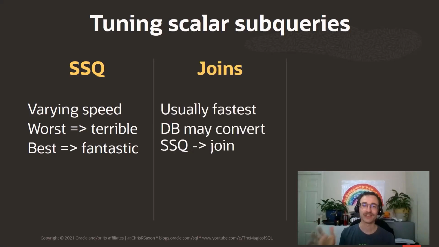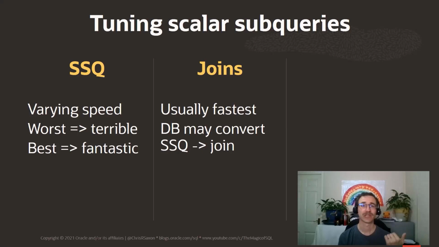So instead of using scalar subqueries, if you can convert them into joins and then group as appropriate, that is usually going to be the fastest method, or probably the most consistent method of the ones we're going to look at here. Obviously, joins have their own issues as well, but the swing between best and worst case tends not to be quite so bad.